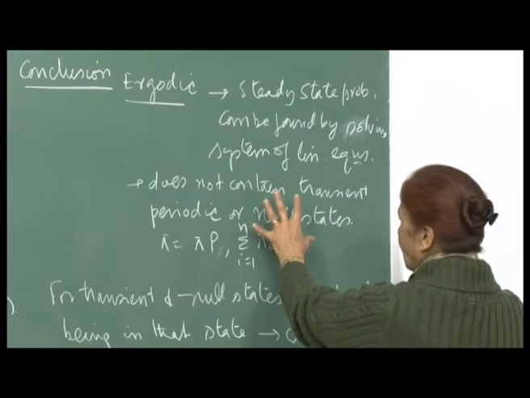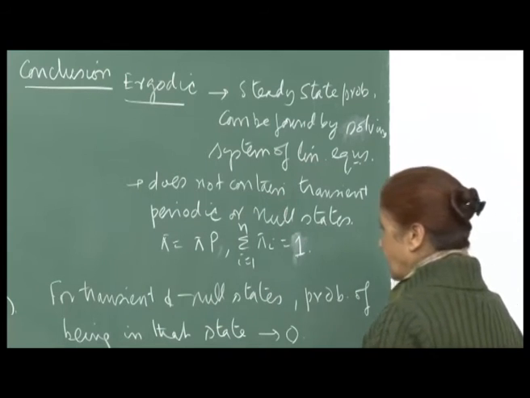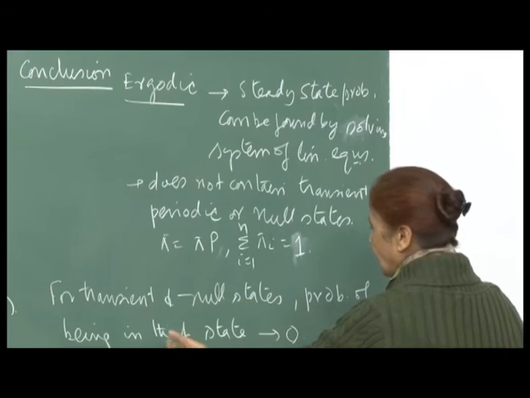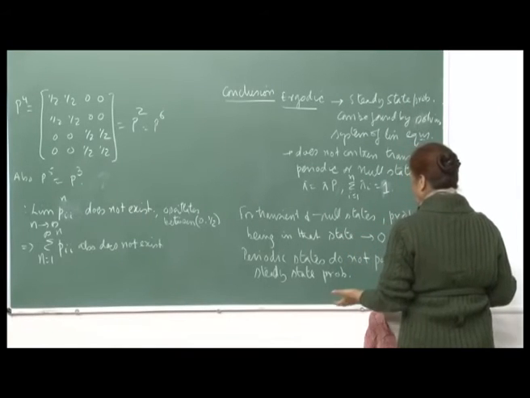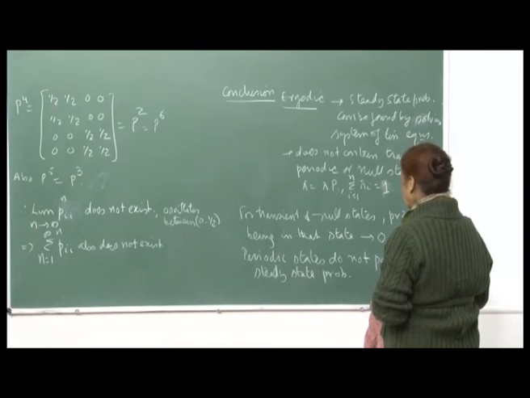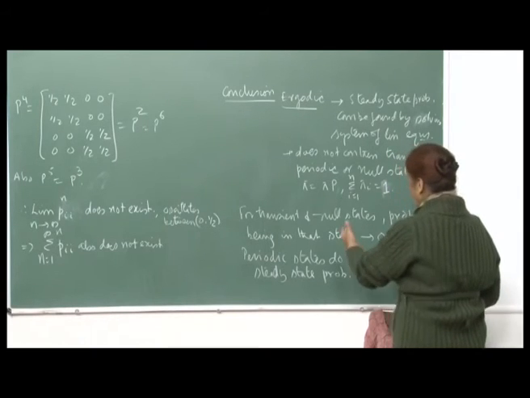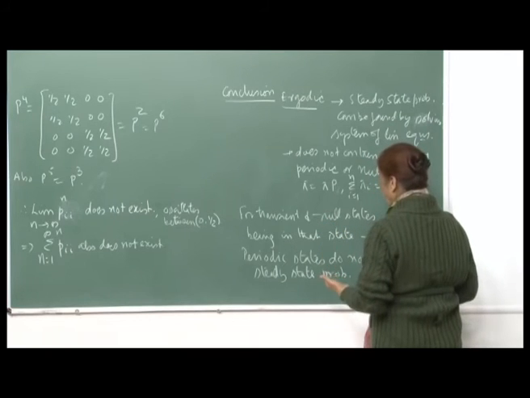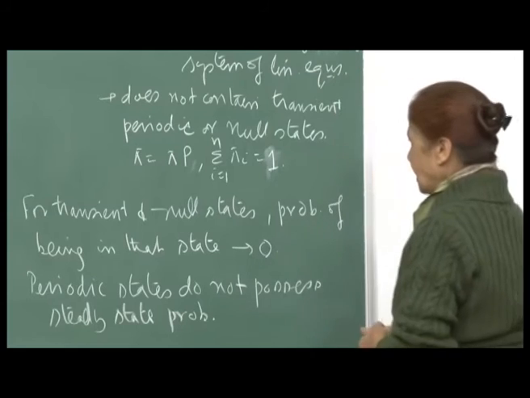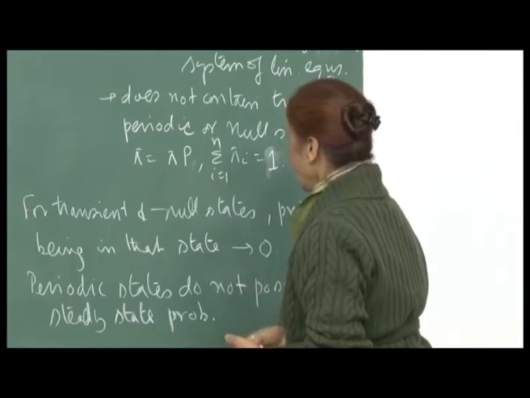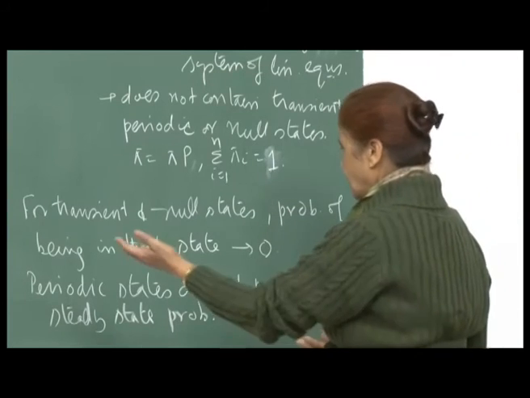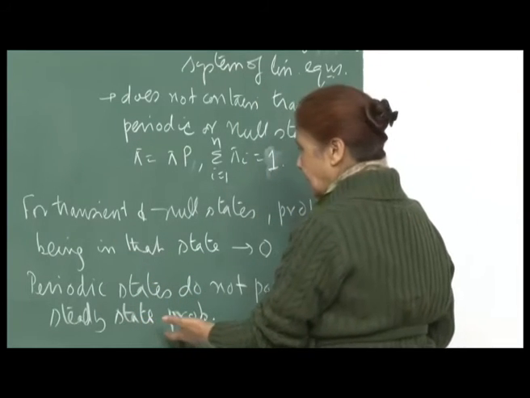So, this was one convenient way, but then we saw that there were other states also. For transient and null states, the probability of being in that state is 0, and of course, periodic states also do not possess steady state probabilities. So, when the state possesses a steady state probability, then we can solve it by these linear equations, adding this equation to it, but otherwise periodic states, as we have seen, do not possess steady state probabilities.